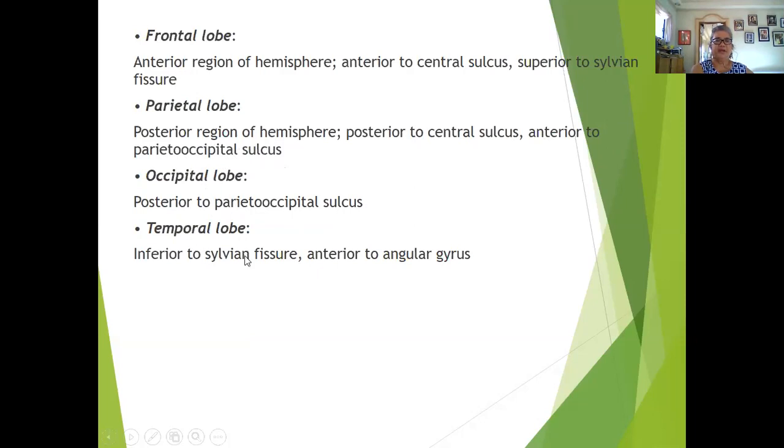You have to remember that it is difficult to delineate the parietal lobe and the occipital lobe on the lateral surface. Then you have the temporal lobe, which is inferior to the Sylvian fissure and anterior to the angular gyrus.